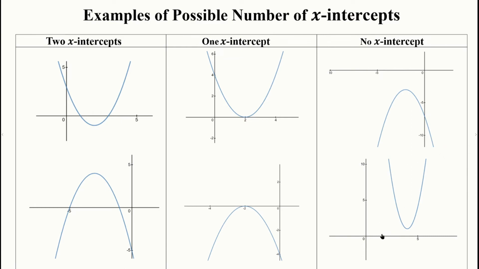This is the x-axis we're referring to with this graph, and this is the x-axis for that graph. Neither of those two is ever going to cross the x-axis, so such parabolas will not have any x-intercepts. So for this one, the discriminant will be positive. For this one, it'll be 0. For these, the discriminant will be negative.